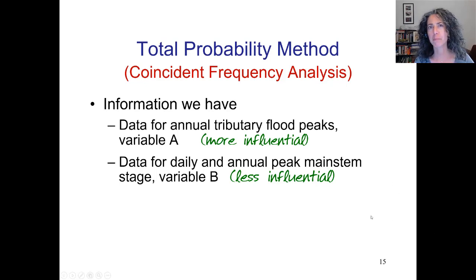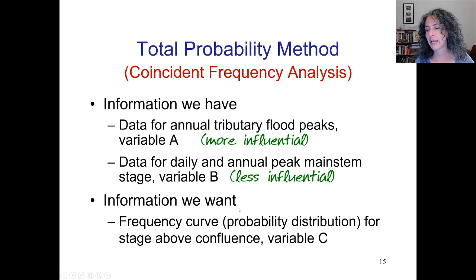Remember, variable B was our less influential variable, and we're going to be looking either at flood peaks or daily values, depending on the coincidence of flood events that are going to drive our variable C. The information that we want is an annual peak frequency curve for a stage above the confluence, which is our variable C.